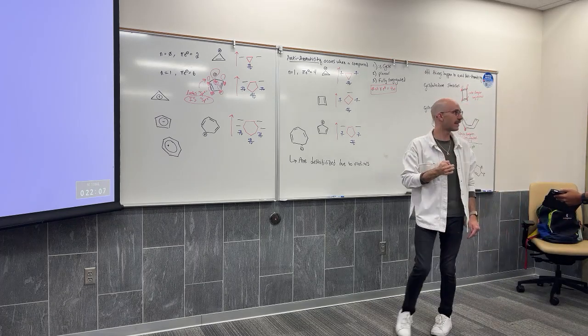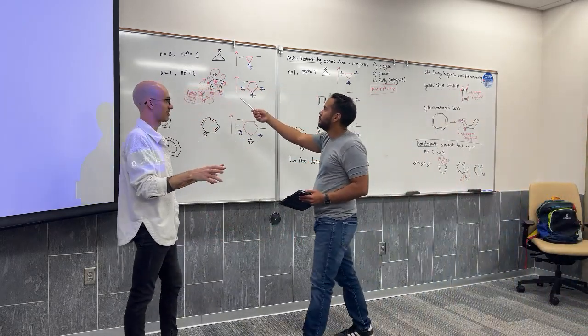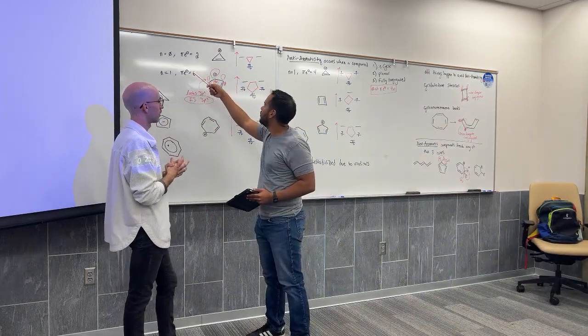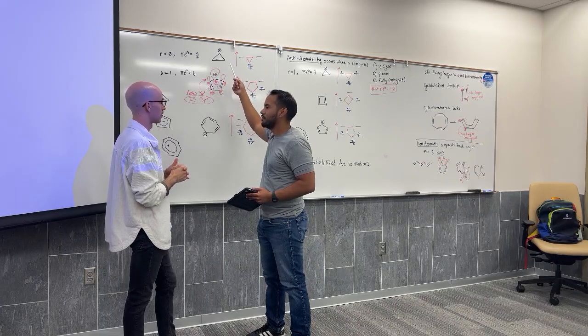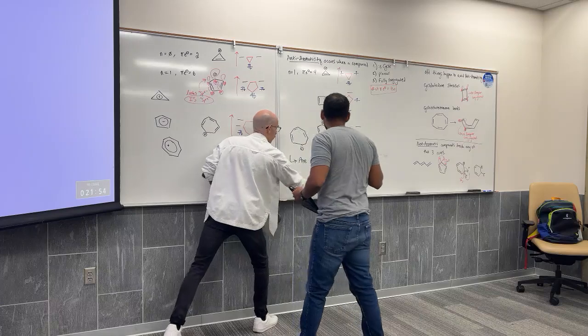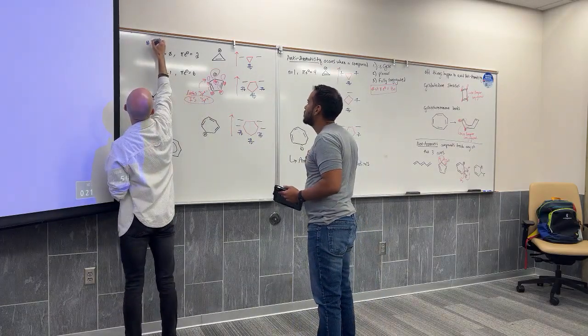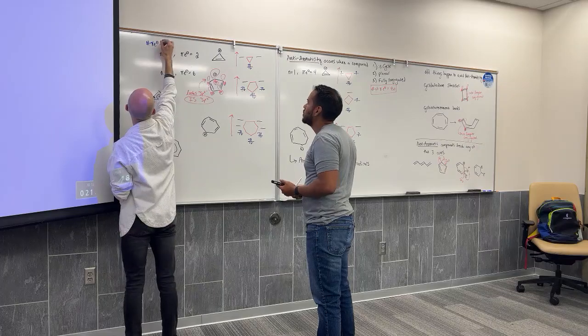In this case n is a variable, which means it can change. Let me grab my marker, and we'll plug it into the equation. We're looking at the equation for the number of pi electrons.